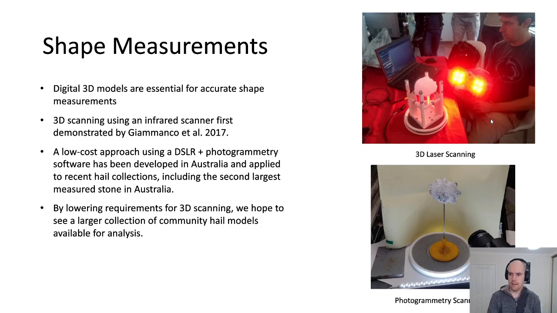On the right you can see an example on the top of the 3D scanning technique using a handheld scanner, and on the bottom the setup required for photogrammetry, which involves a DSLR camera and a turntable. We hope that by developing this new technique and lowering the requirements for a 3D scanner, we can see a larger collection of community hail models available for analysis.